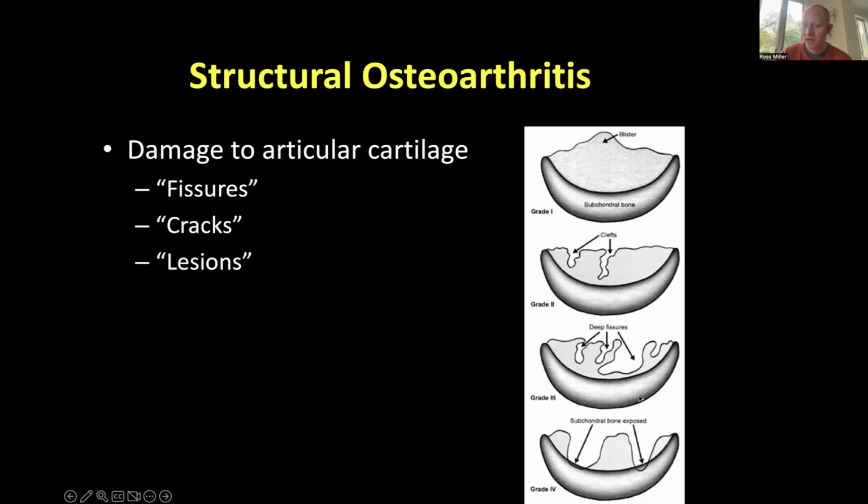Those will worsen over time into larger and broader and deeper cracks. And eventually, in late stage or end stage osteoarthritis, you'll have cracks and fissures that go all the way down to the bone. And now this would be a bone on bone situation, if you picture another side of the joint on the top there, pressing into that grade 4 osteoarthritis joint.